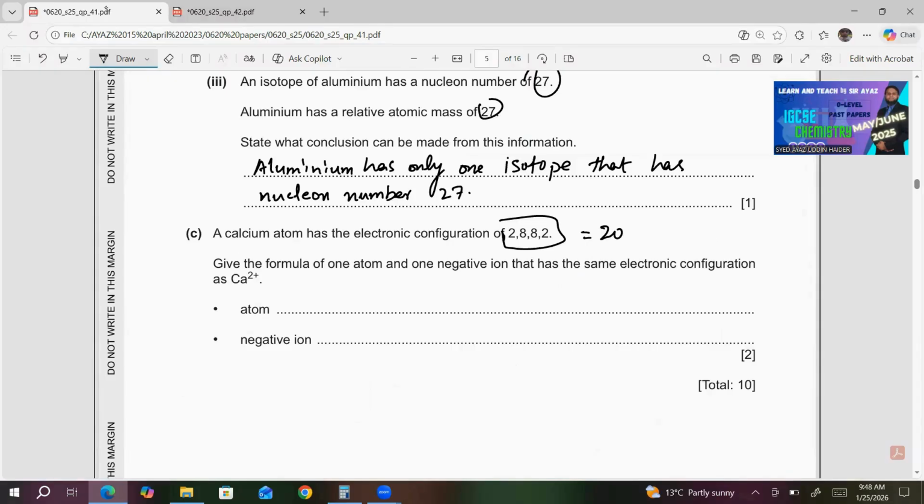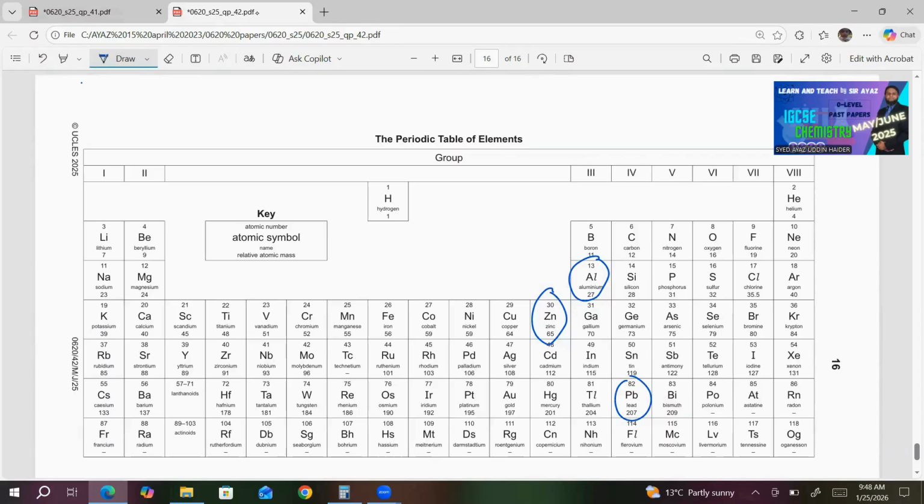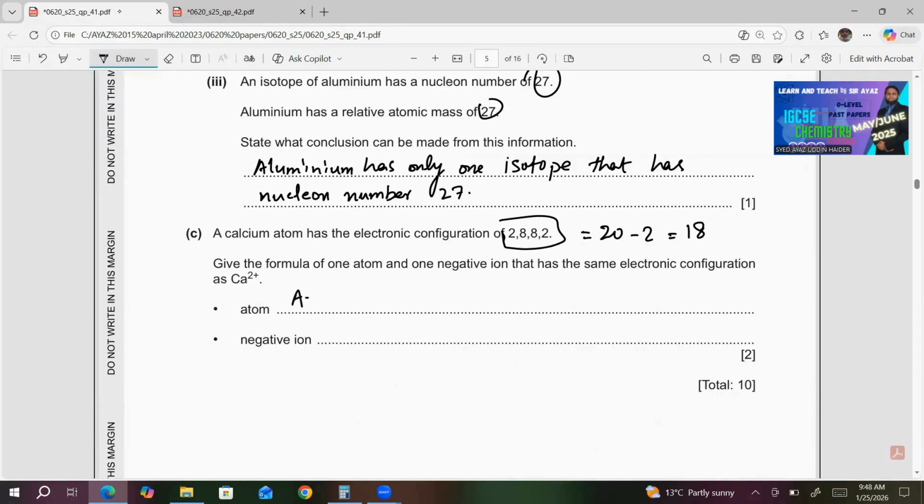For the atom, we have to look for the atom which has the same electronic configuration as Ca2+. So Ca2+ means it has lost 2 electrons. So you need to subtract 2 electrons from this. What you will get? You will get 18. So we have argon in the periodic table that has this same number of electrons. So Ar will be the symbol for this one.